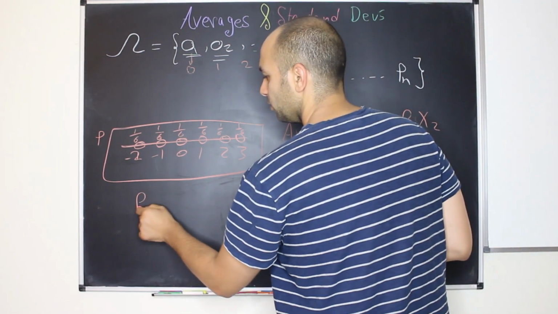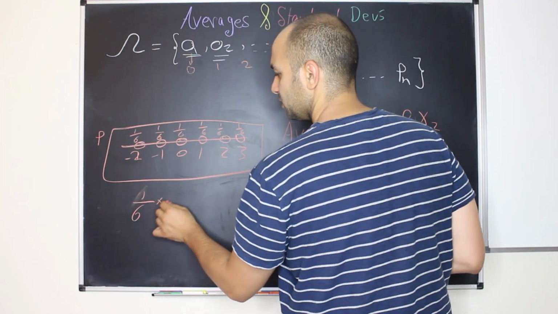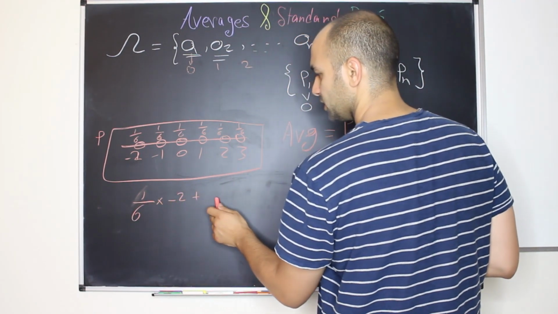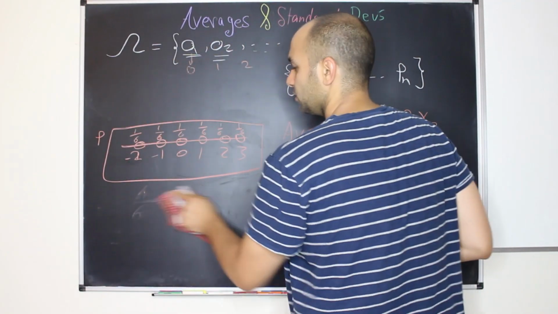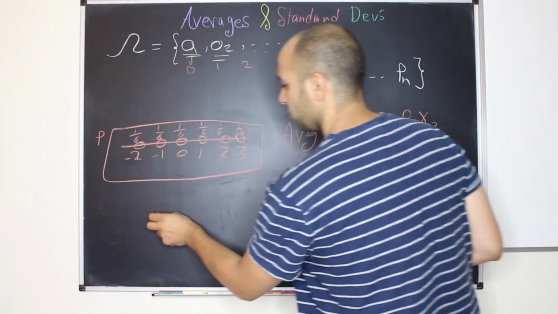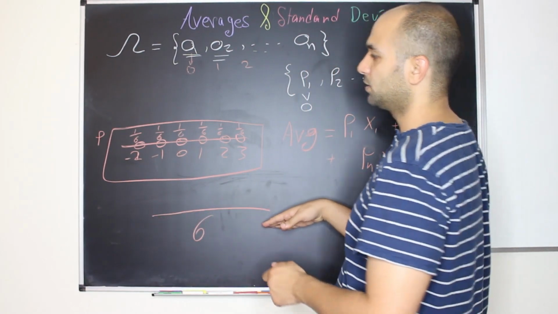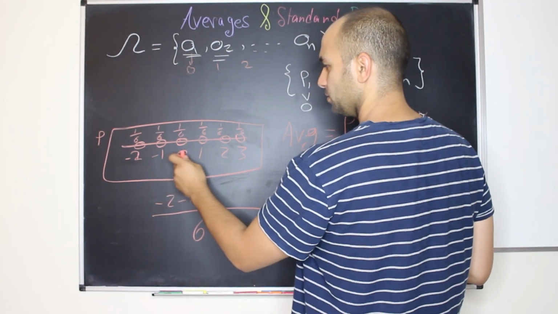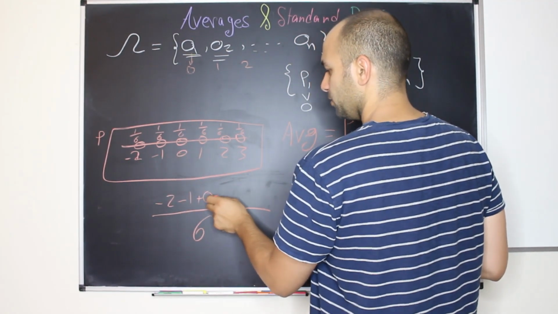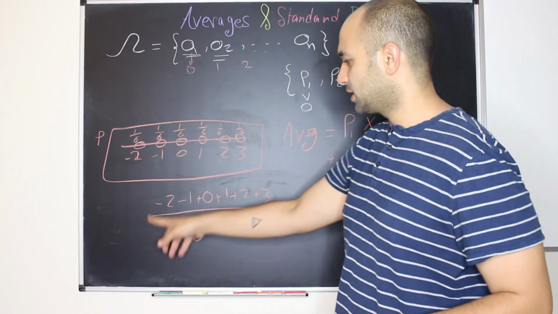So you do 1 over 6 times -2, plus 1 over 6 times -1, and so on. I'm just going to put the 6 in the denominator for all of them, because it's going to be 1 over 6 for each one. So I just have to do -2, -1, plus 0, plus 1, plus 2, plus 3, right? So that's what the average is.